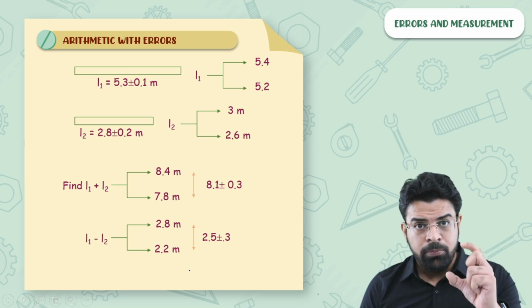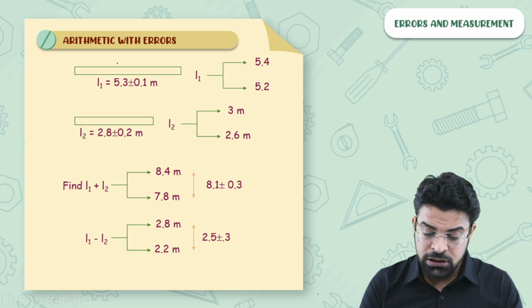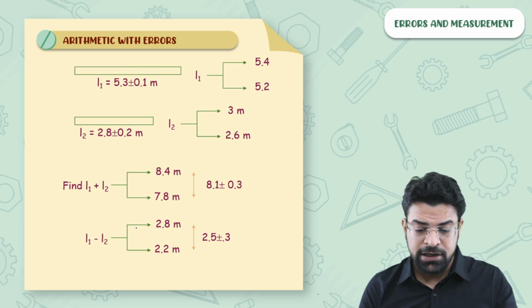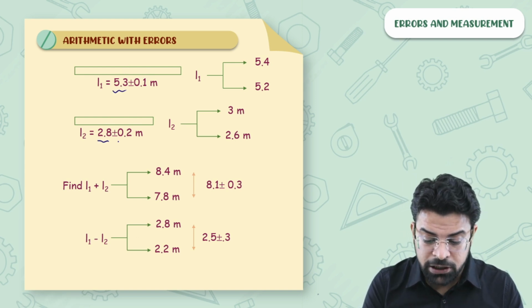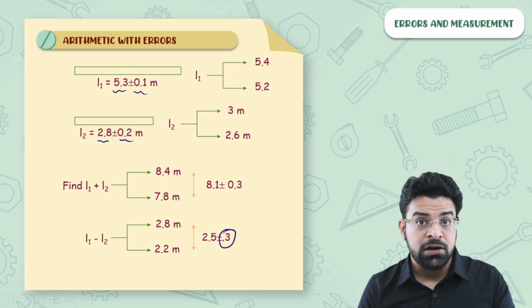When you add up multiple numbers having some error in their calculation, the absolute part adds, the error part adds. But when you are subtracting them, in the absolute part you subtract, but in the error part you again add. That's why we got here 0.3.